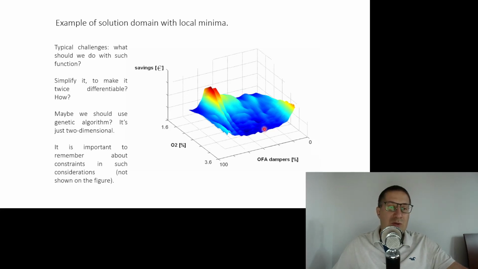Maybe we should use the genetic algorithm. In such a case, we don't have to do anything with this. If we have a simulator or a function that tells us what the savings are for the current value of oxygen and OFA dampers opening, then we can use the genetic algorithm, and that's it. But if the number of decision variables is higher, we should be very careful with this.